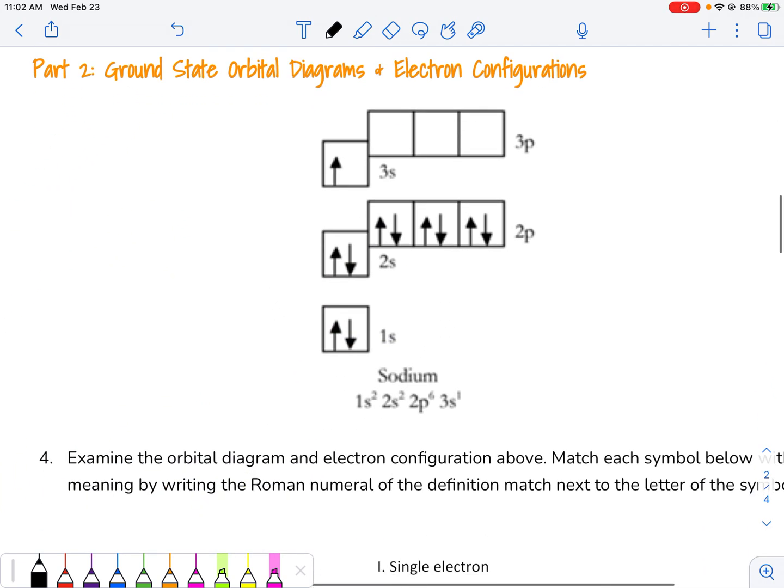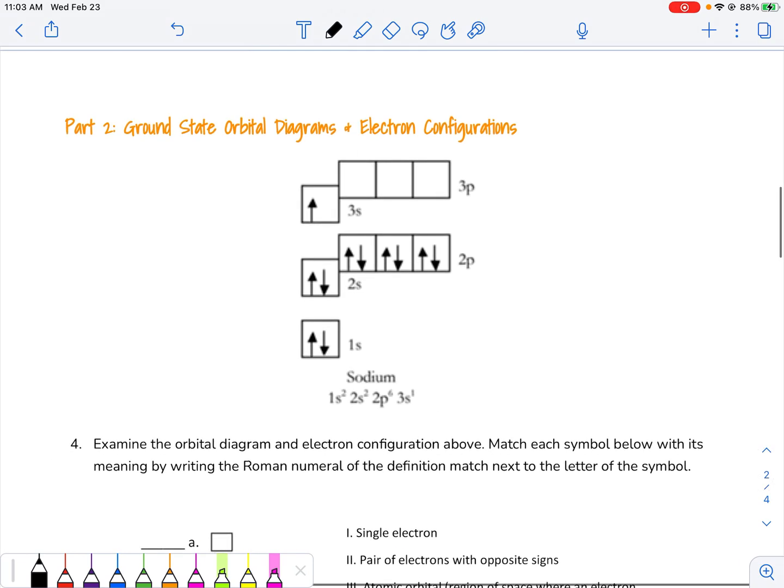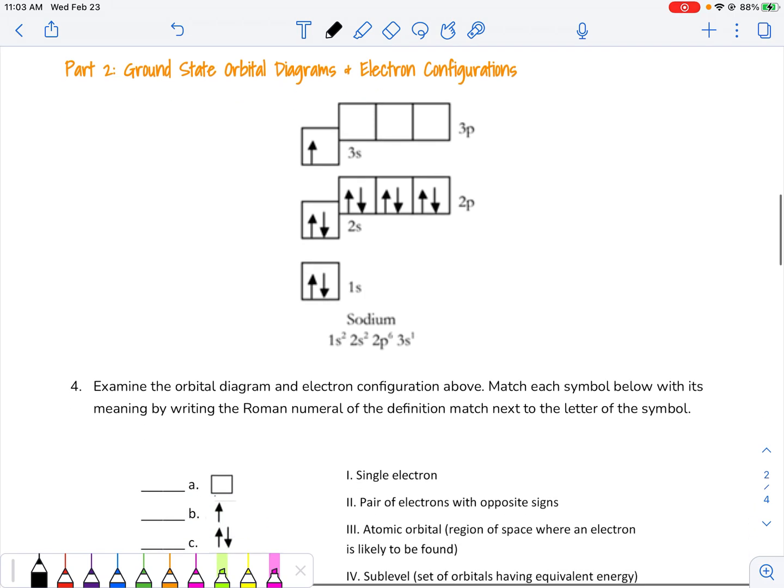So how can we use this information? To determine an electron's address, where it exists, there are a few things we need to know. We can visualize it using a ground state orbital diagram, and we can write it out using an electron configuration. I want you to go through this worksheet right here.